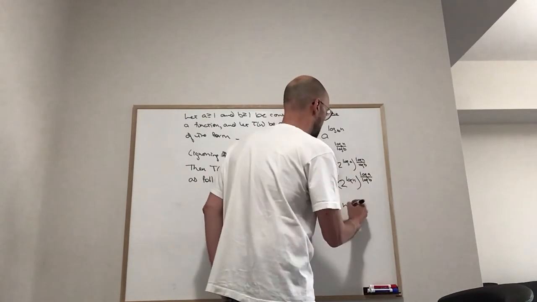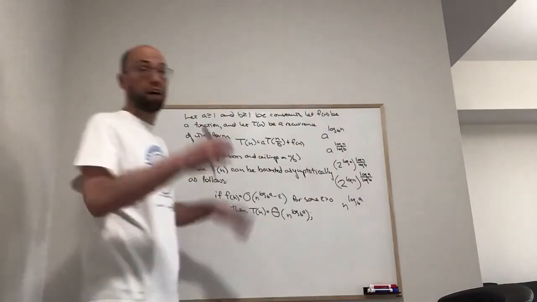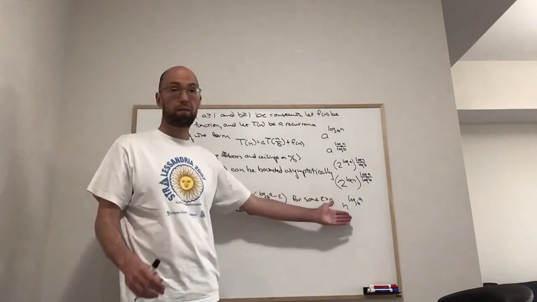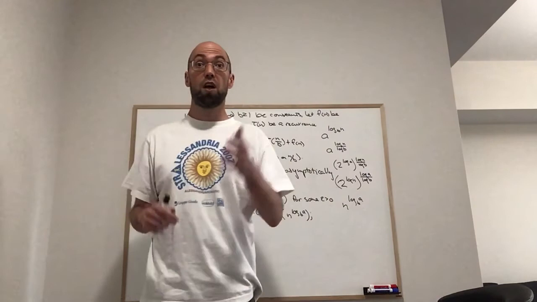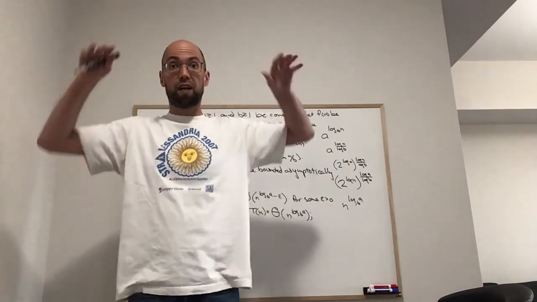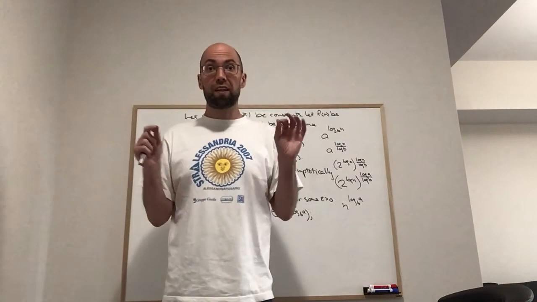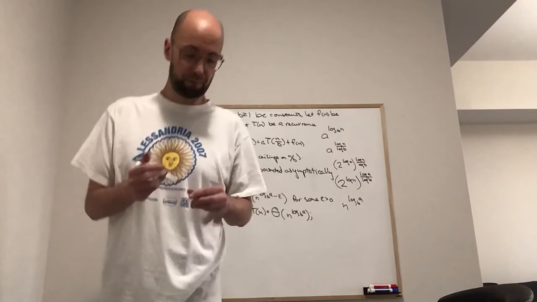And this is just n to the log base b of a. So in this case, if f of n is small, you're going to get killed by the number of leaves. When you divide it down, the number of little tiny subproblems at the end is what's going to hurt.